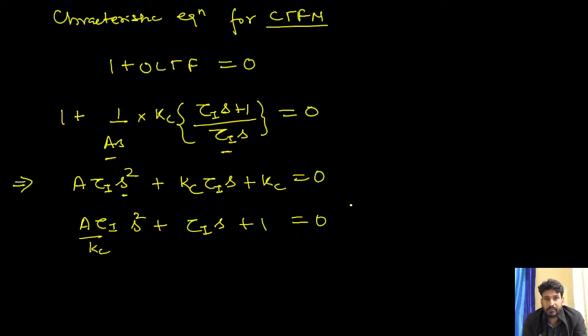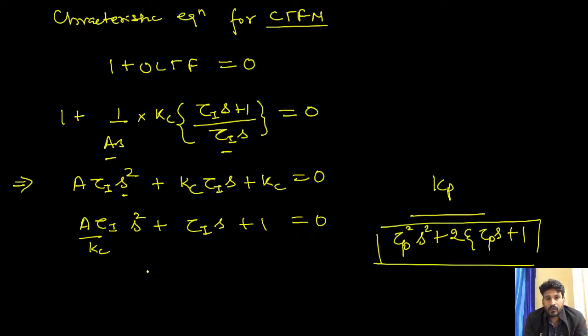तो यही तो होता है ना, Kp divided by, what is the denominator, tau p square s square plus 2 zeta tau p s plus 1, राइट. सो वी हैव टू कंपेयर विद दिस. ओके, व्हाट इज माई tau p?